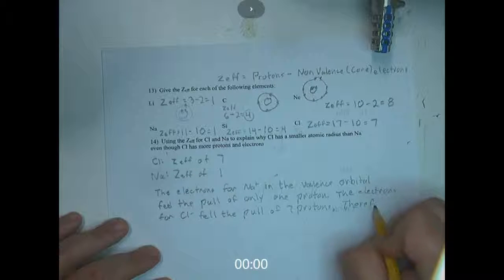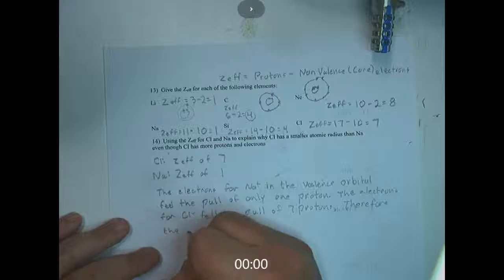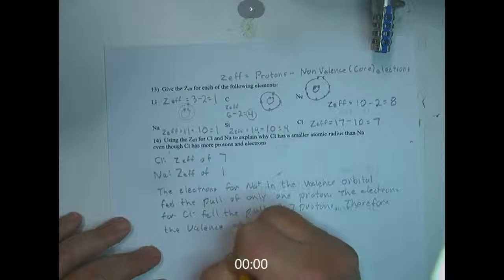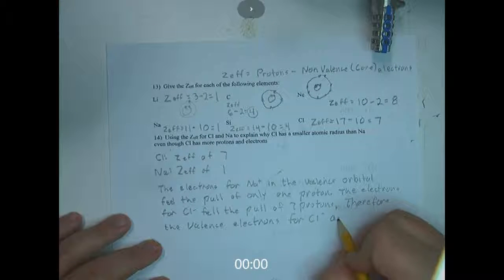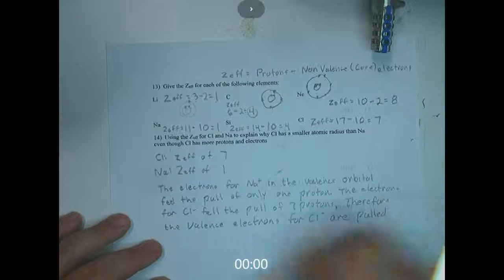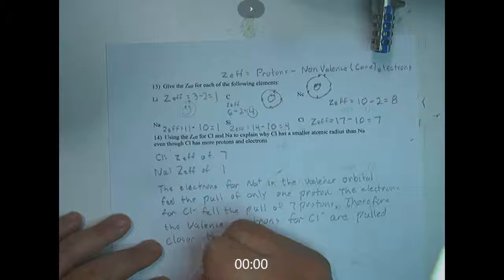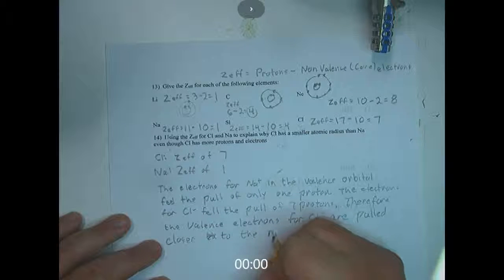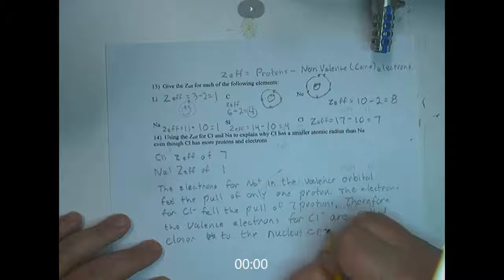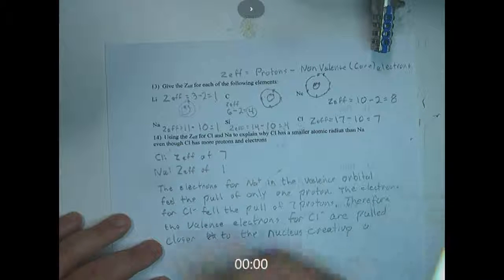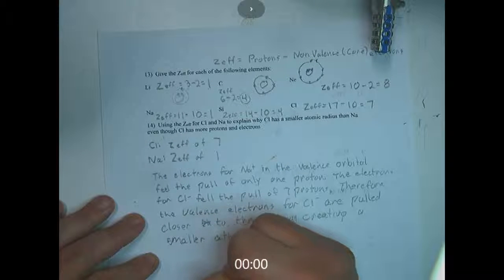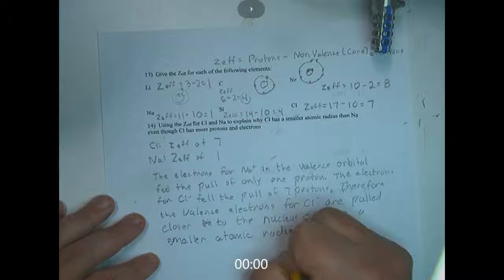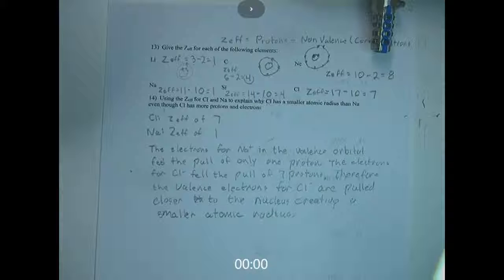Therefore, the valence electrons for chlorine are pulled closer to the nucleus, creating a smaller atomic radius. Boom. Okay, that's it.